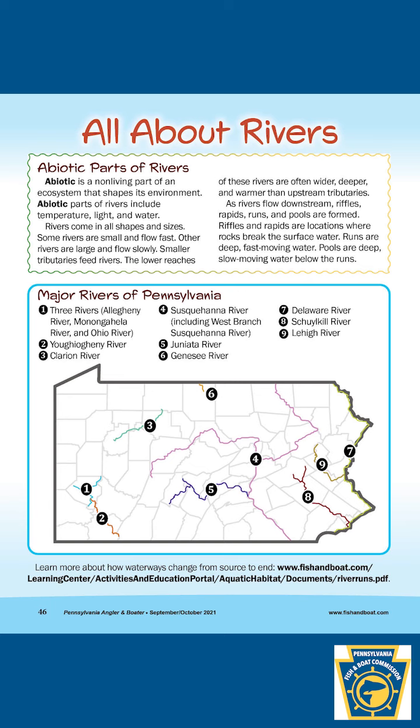Major rivers of Pennsylvania. 1. 3 rivers: Allegheny River, Monongahela River, and Ohio River. 2. Youghiogheny River. 3. Clarion River. 4. Susquehanna River, including West Branch Susquehanna River. 5.